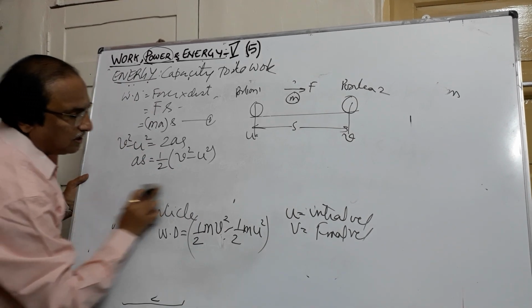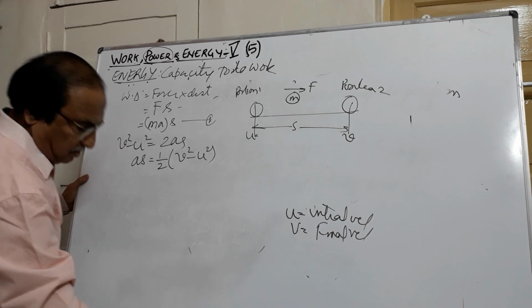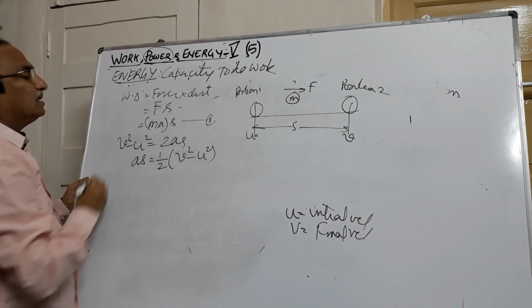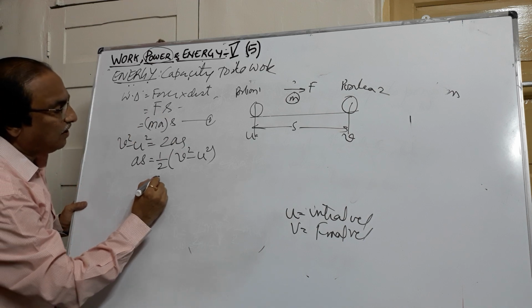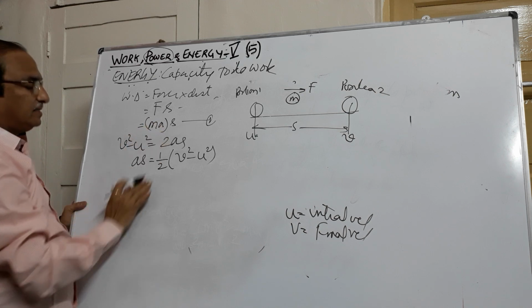Now if you see this, as is equal to half of v square minus u square.